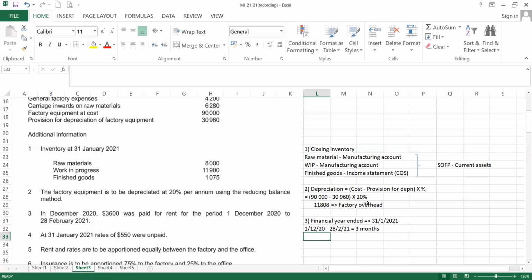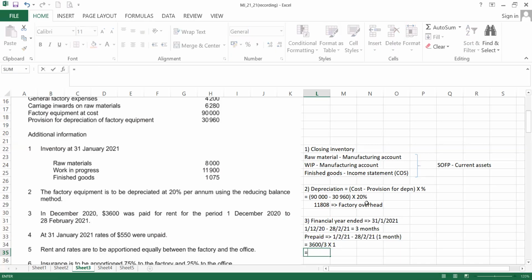How many months are considered prepaid? The prepaid is from the 1st February 21 to 28 February 21. So that means basically only 1 month prepaid. So we need to calculate the prepaid amount, which is 3,600 divided by 3 times 1.